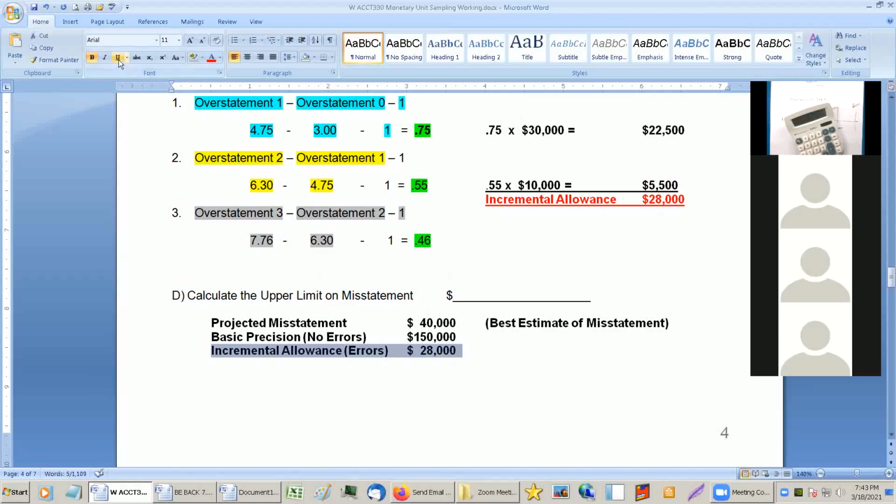All those together. Whatever that is. 40, 18,000.